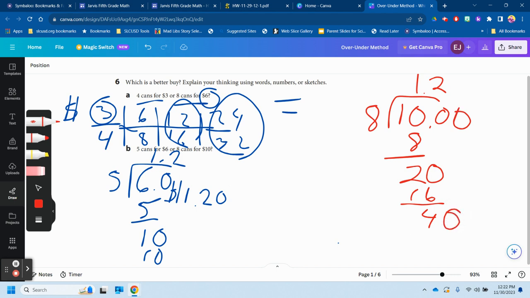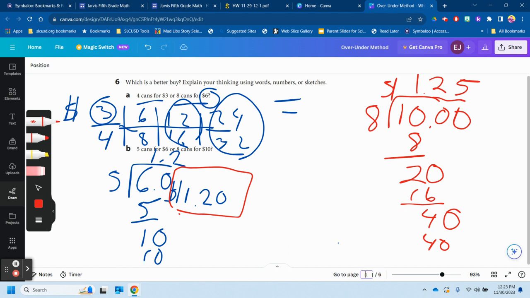They'd get 5 pennies each, since 5 times 8 is 40. So $10 for 8 cans is $1.25 a can, and $6 for 5 cans is $1.20. So the $6 for 5 cans is the better buy.